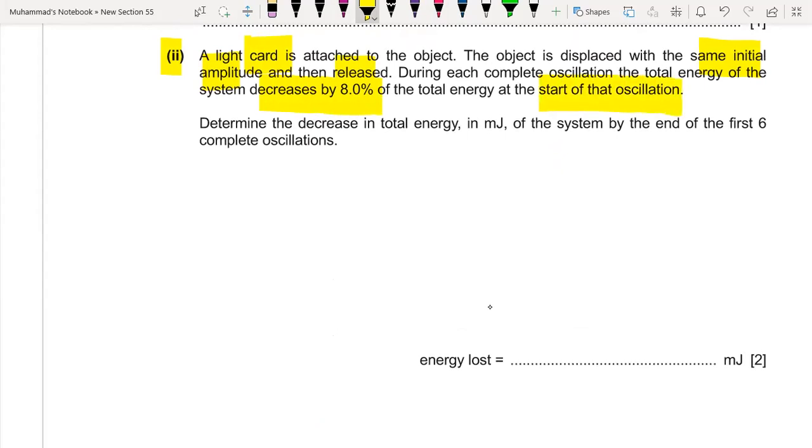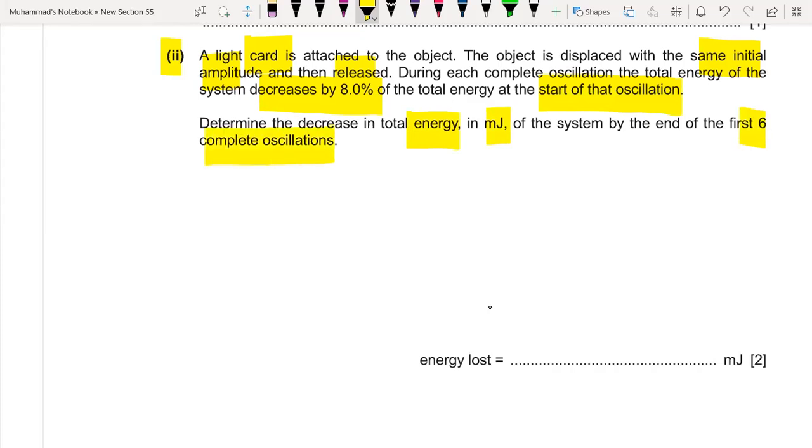So after one oscillation, the energy remaining would be 92% of the starting energy. If 8% is being lost, then 92% is being left. Determine the decrease in total energy in millijoule of the system at the end of 6 complete oscillations.